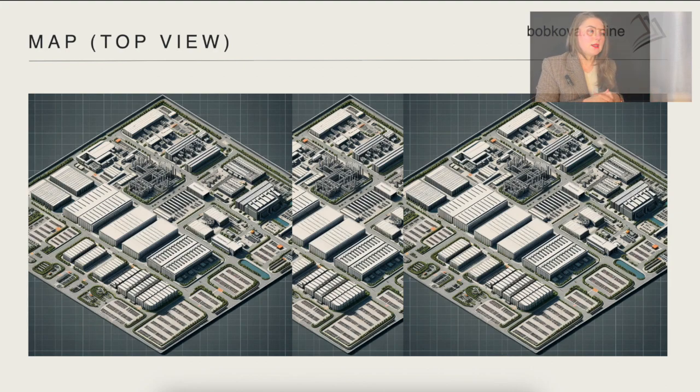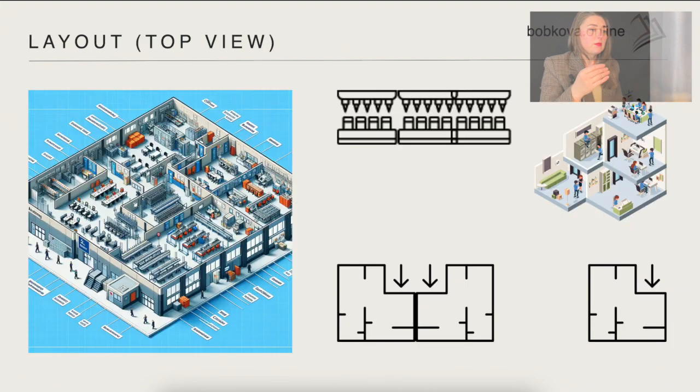So in this case, when we look at the map, if it's information security, we will be looking at the physical security, access to the building, CCTV around the buildings, where the building is located, and how many employees work on site, in a hybrid mode, or how many people work remotely.